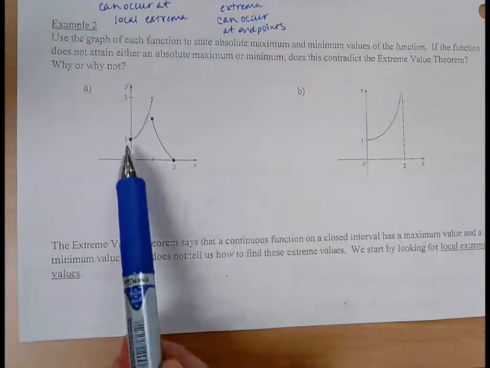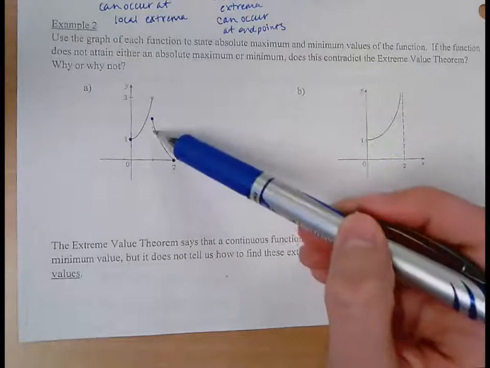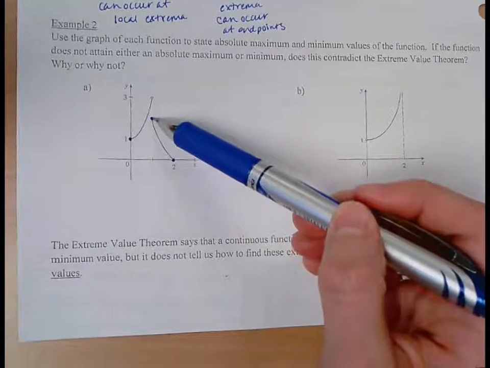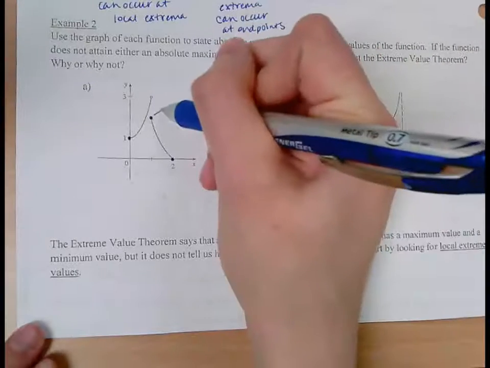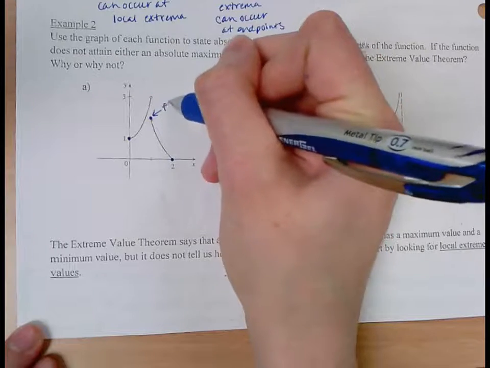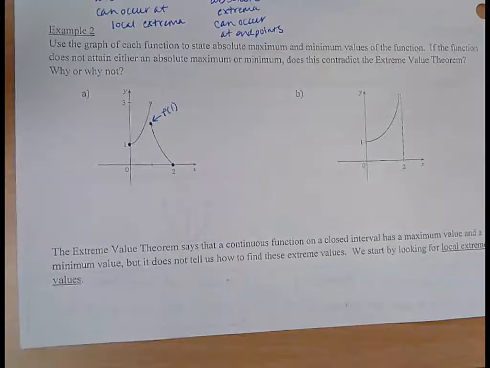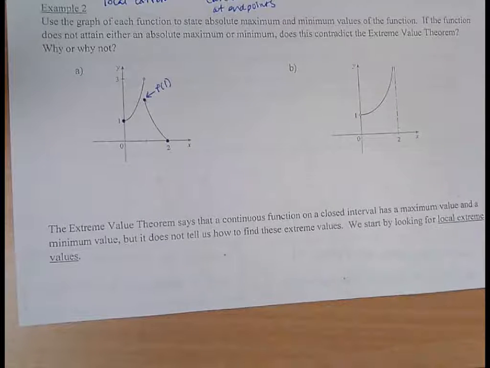For the first graph, there is an f of 1, but f of 1 is here, technically, because I filled mine in.